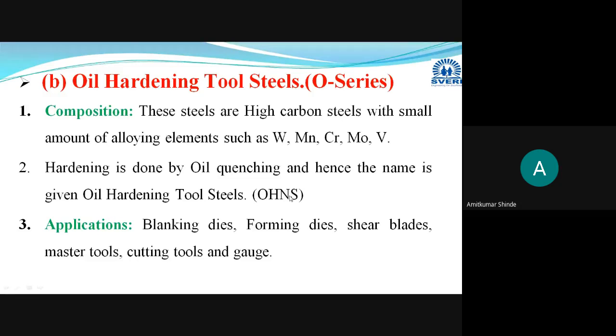During the hardening process, distortion, meaning change in their dimensions, or shrinkage amount is very less. That's why these are termed as oil hardening non shrinkage tool steels. And the medium used for hardening is oil, that's why these are termed as oil hardening tool steels.